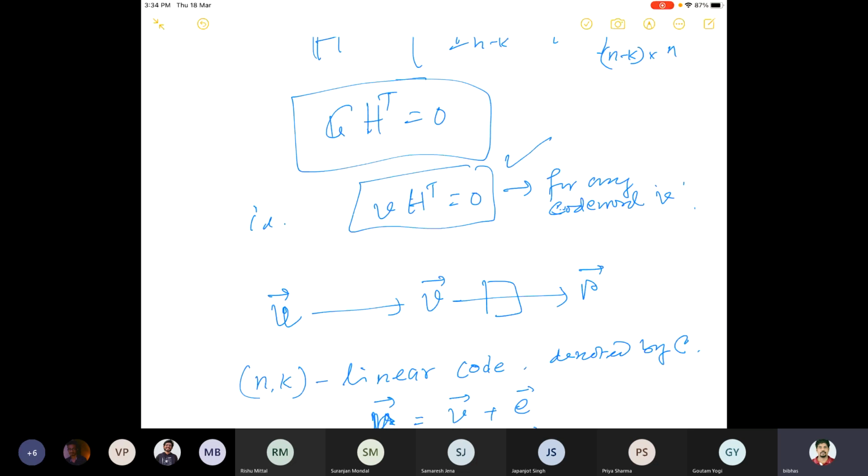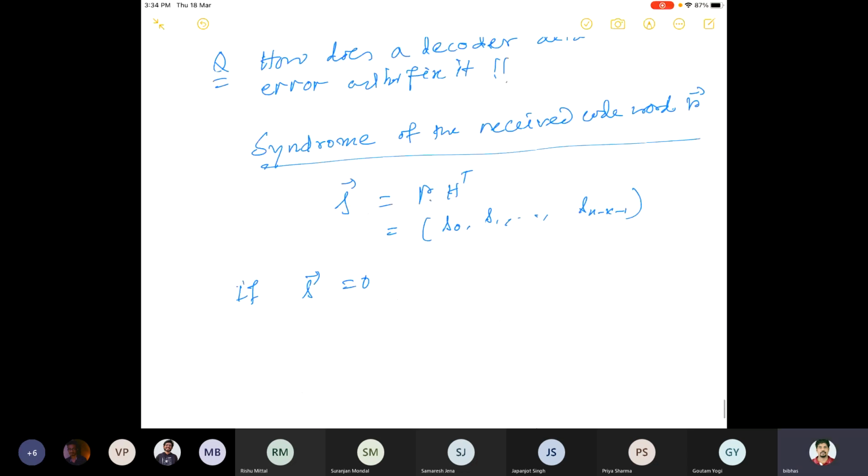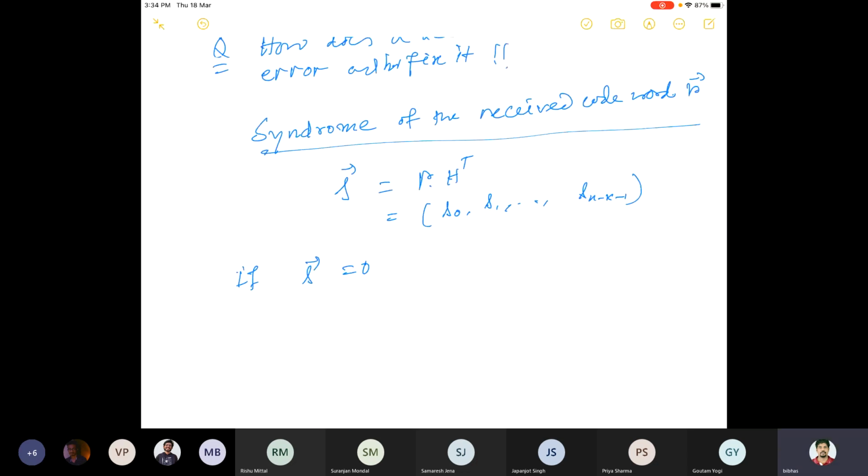So once the decoder receives the vector R, the receiver can compute R times H transpose, that means the syndrome. And if the syndrome is 0, then definitely R is a code word. It is right or wrong, that doesn't matter. But whatever the decoder has received, that is a code word.